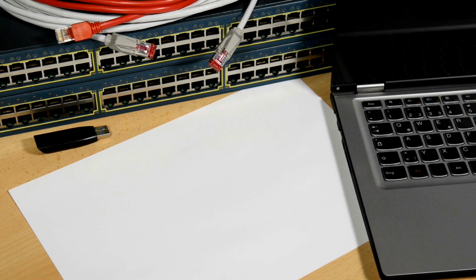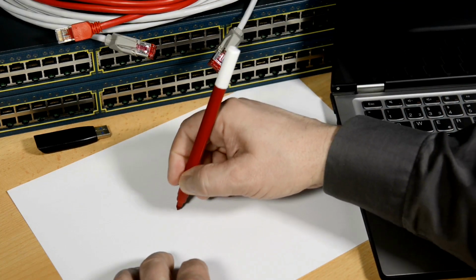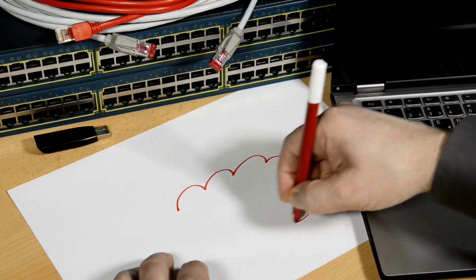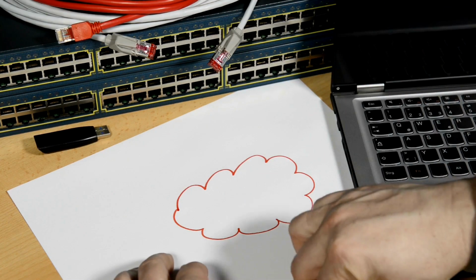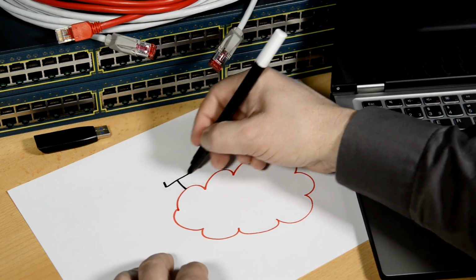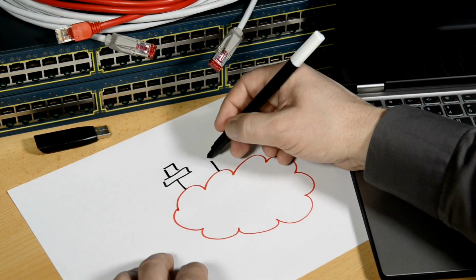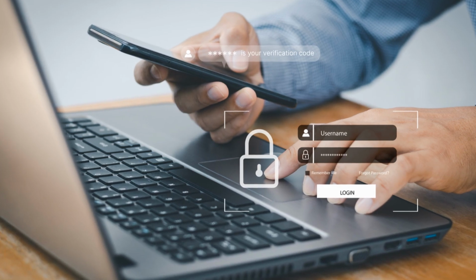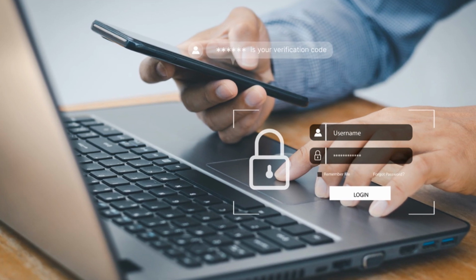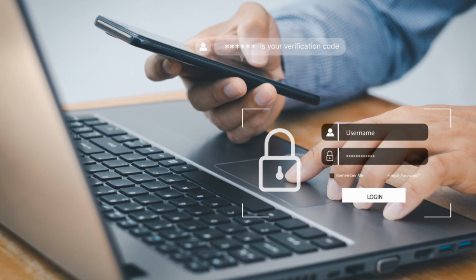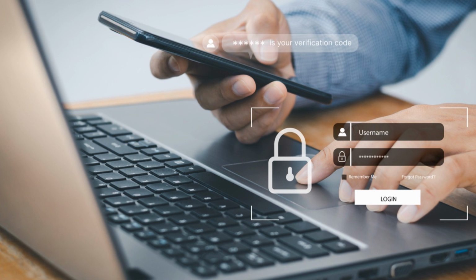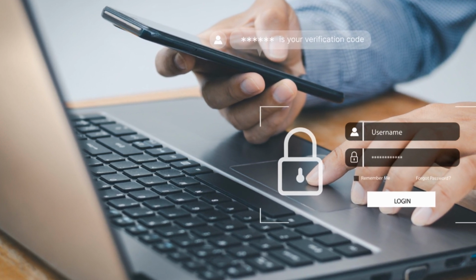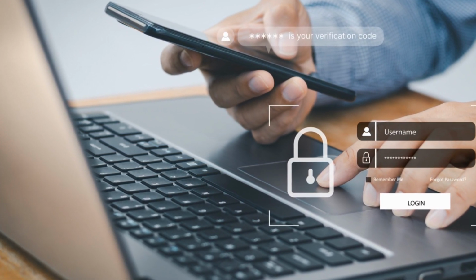When it comes to hybrid connectivity, I securely connect the on-premises DMZ to cloud resources using technologies like VPNs, direct connectivity, or cloud-native services such as AWS Direct Connect or Azure ExpressRoute. I always implement strong encryption and authentication mechanisms to protect those connections. For identity and access management, I enforce strict controls, leveraging tools like multi-factor authentication and just-in-time access, so I can govern who and what can access the DMZ and cloud resources.